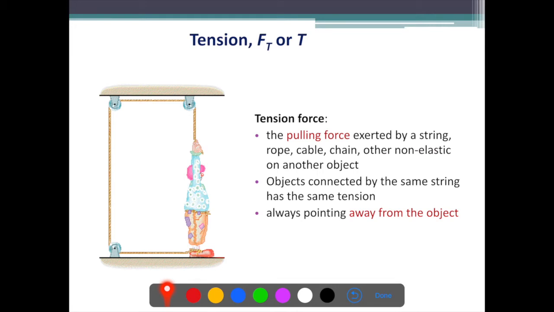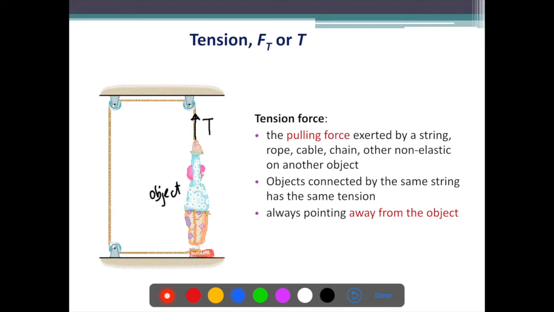So say, for example, here you have a clown and he's pulling on the rope. If you want to find the tension force exerted on the clown, so that the clown is your object, then the direction of tension force on the clown should be away from the clown. So tension force is always directed away from the object.